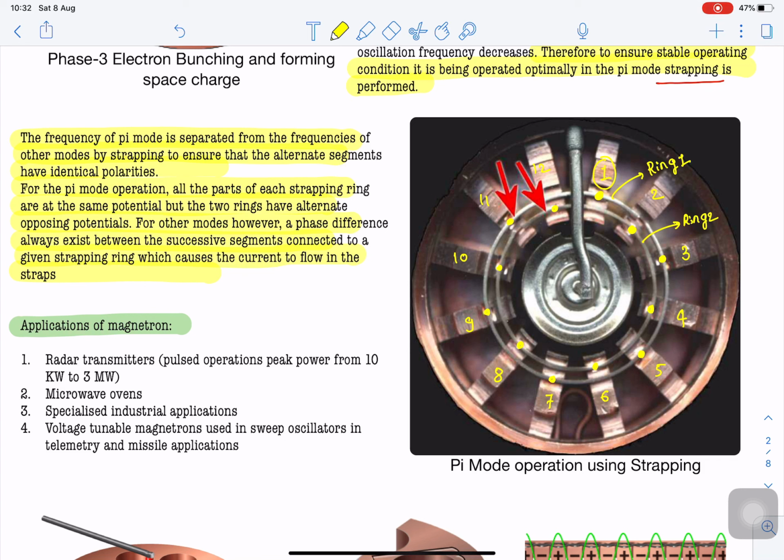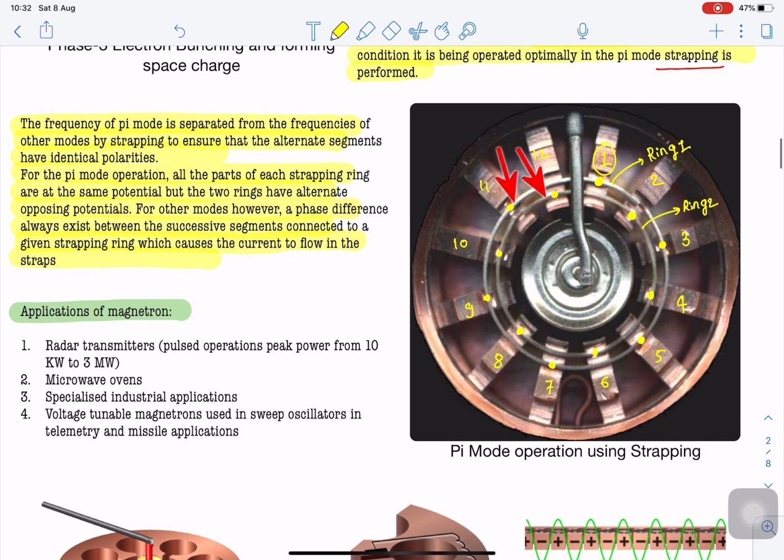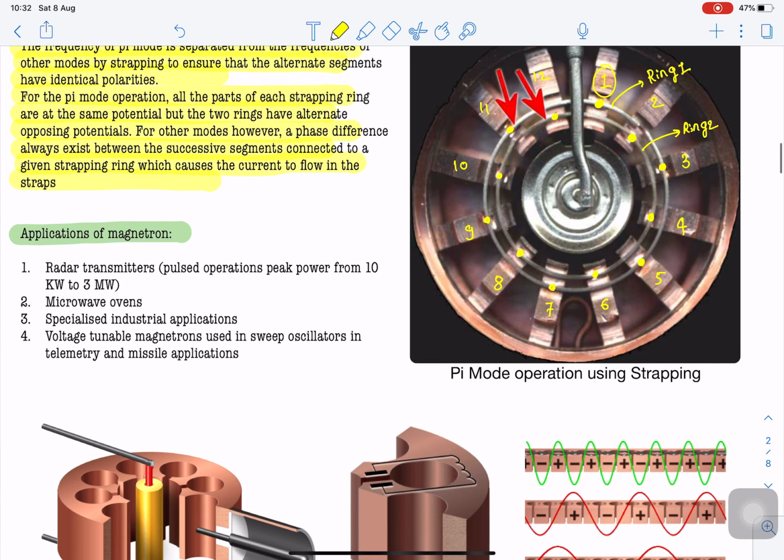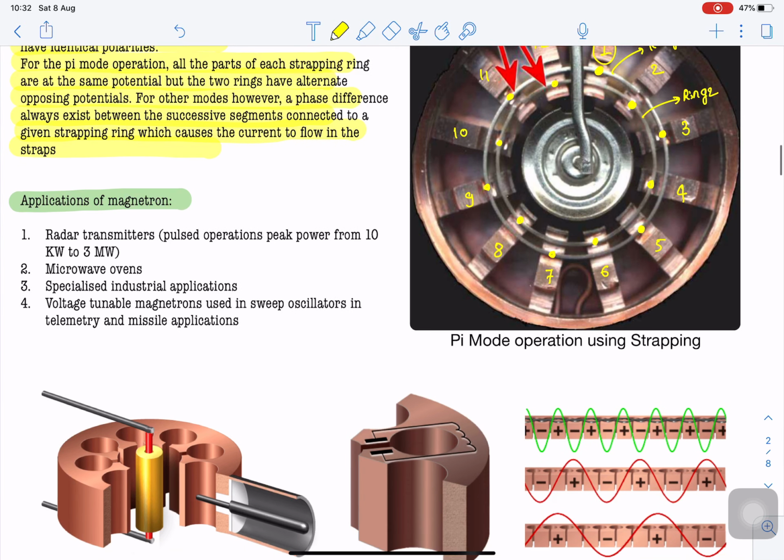So when other modes tend to get generated, they get cancelled because of the opposing phases in the cavities, and thus it is ensured that modes other than the pi mode will not get generated.